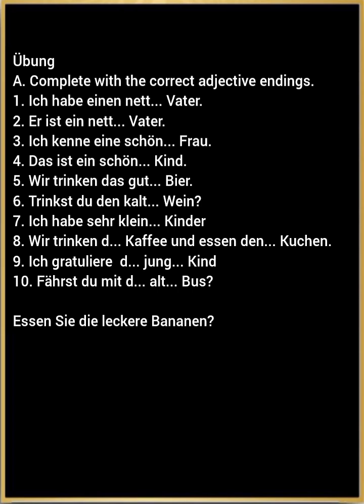Now, because it's plus dative, then this one is going to be in dative. Now, we're talking about Kind. Kind is neuter. In dative, neuter is dem. And after dem, we add an en to the adjective. So, that should be ich gratuliere dem jungen Kind.